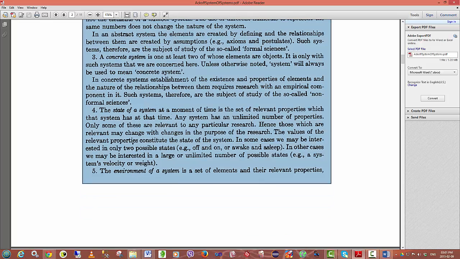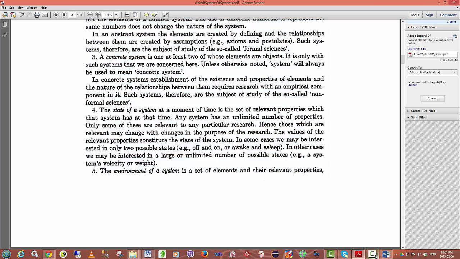The state of a system at a moment of time is the set of relevant properties which the system has at that time. Any system has an unlimited number of properties, and only some of these will be relevant to your particular research.